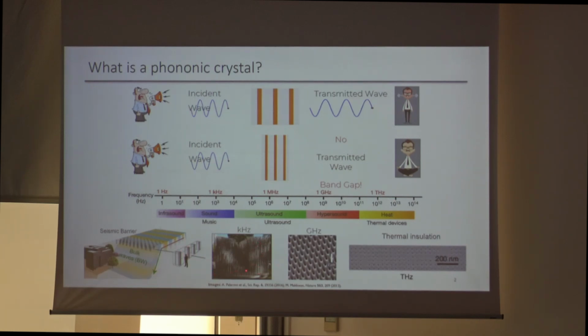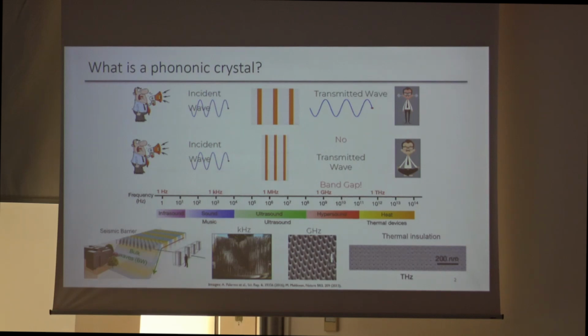Two physicists were passing through it, and they noticed that this is just an array of steel cylinders, and it's periodic. They actually did measurements and published in Nature that it filters certain audible frequencies. Then, if we make our cell size smaller, we can go to the gigahertz or even terahertz regime, where we can speak about thermal insulation.